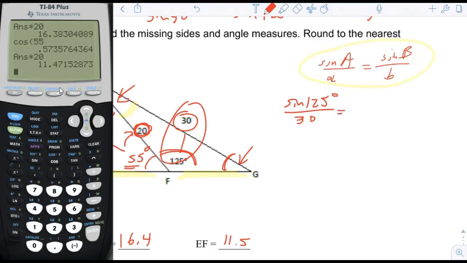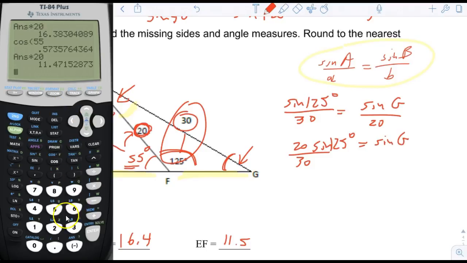And then I'm going to make that equal to the sine of this unknown angle. I'm going to call it sine of G, divided by the side 20. And then I'm going to multiply both sides by 20. And then that's going to be equal to sine of G.